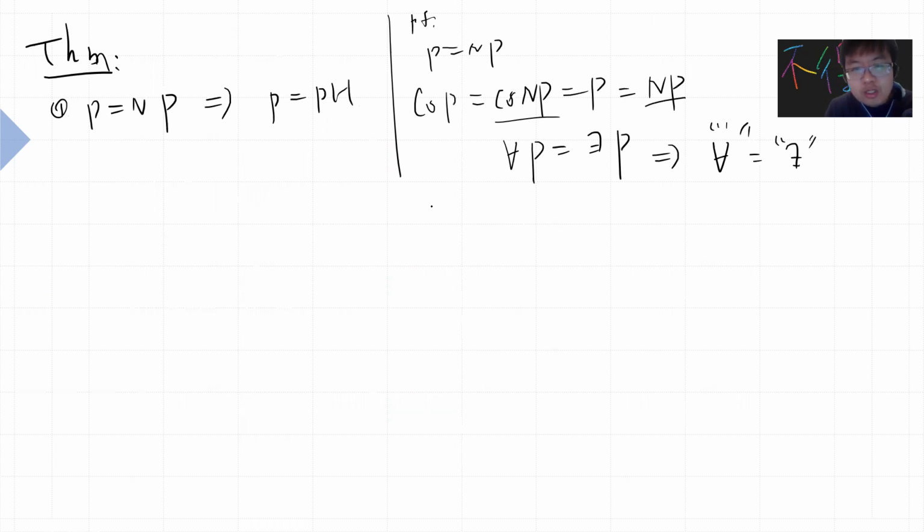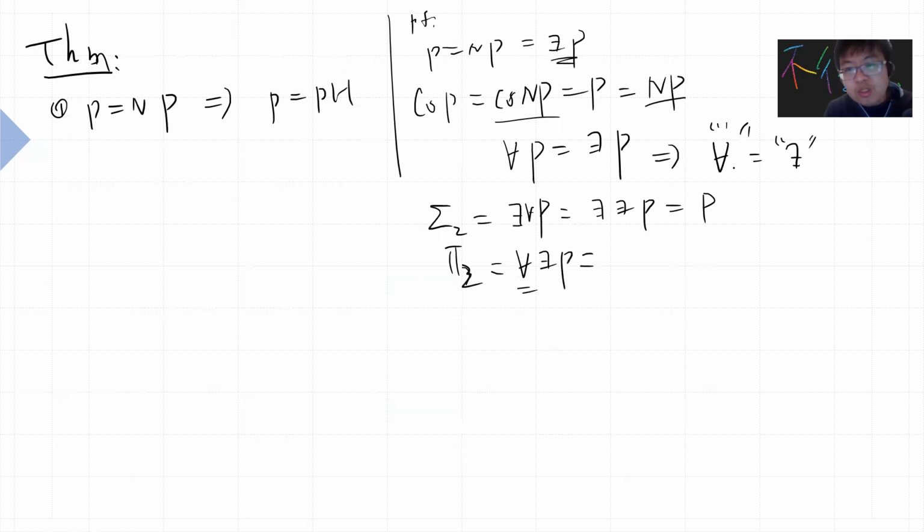So sigma 2 is exists for all P; by definition you can change it to exists P, which is P, because I already proved that NP is the same as P. Also pi 2 is for all sigma P; you can replace for all with exists, so this is still P. So sigma 2 and pi 2 are also P, and you can keep going. Every sigma i and pi i is P for every i.